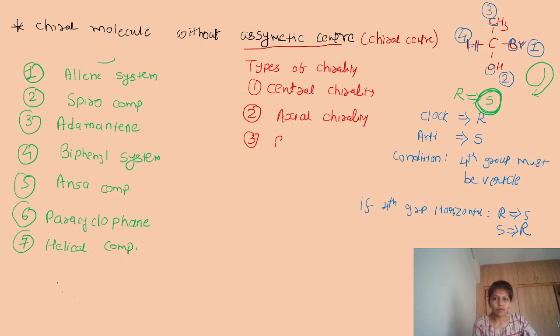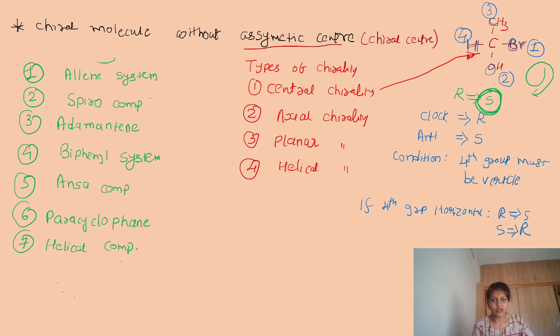Next, planar chirality. And the fourth one is helical chirality, right? Here we can say this is central chirality, because there will be a chiral center. So this is the example of central chirality.